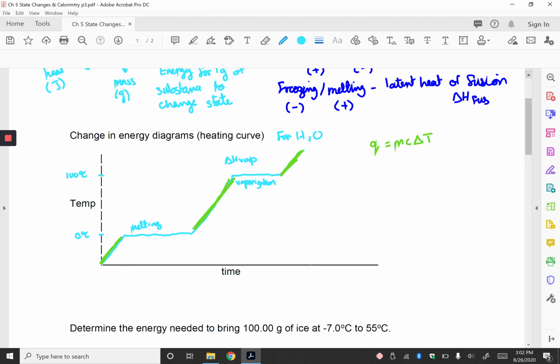And for water, the ΔH of vaporization, the latent heat of vaporization, is equal to 2,260 joules per gram. Now you don't need to memorize that number, it will be given to you on the test, but on the homework I might not give it to you, you just find it in your notes.